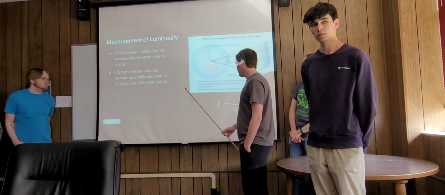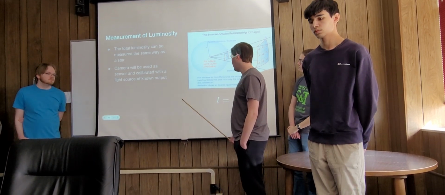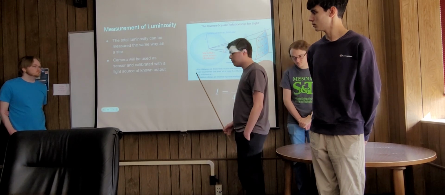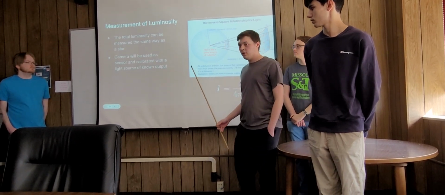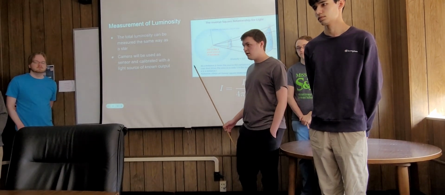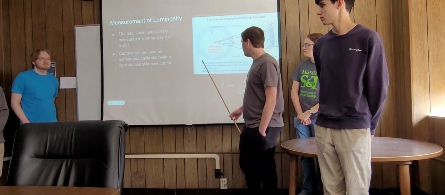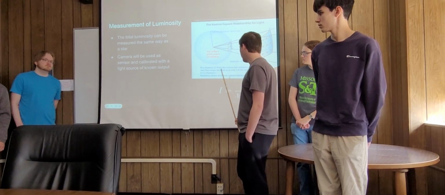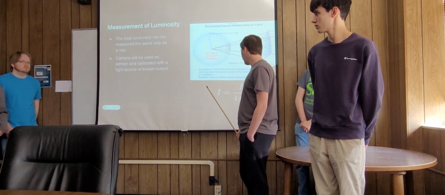We'll use a camera as that sensor, and we'll calibrate it with a light source of known output, so maybe an LED, maybe a laser that has been attenuated to a certain level, so we'll be able to calibrate that camera and actually get actual numbers out of it.